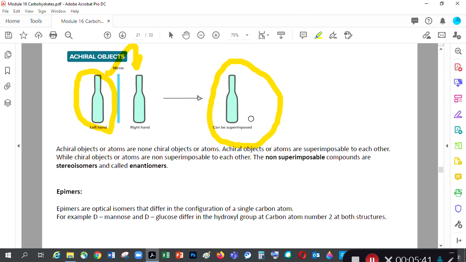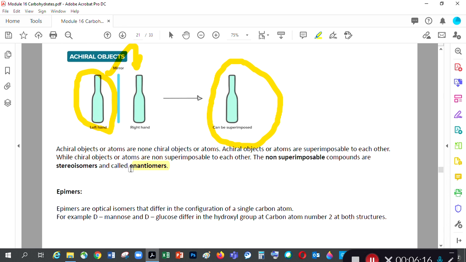Now, those stereoisomers, we call them enantiomers. So we call them what? Enantiomers, and this is very good. So now, again, let me just recap what I told you. If you have a carbon atom with 4 different groups, not identical, this will yield another structure, another image, which is not superimposed to the original image.